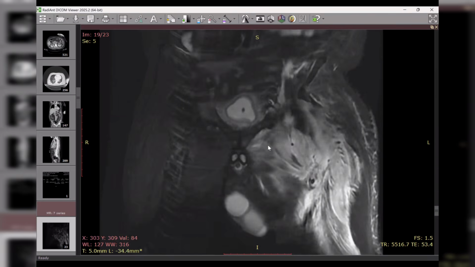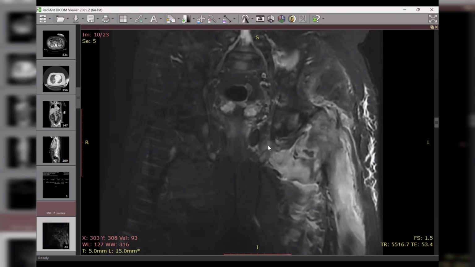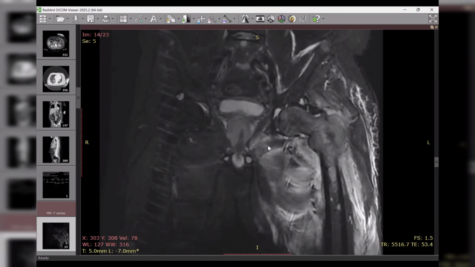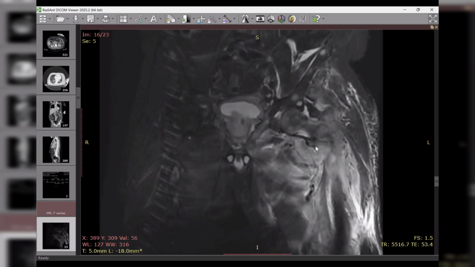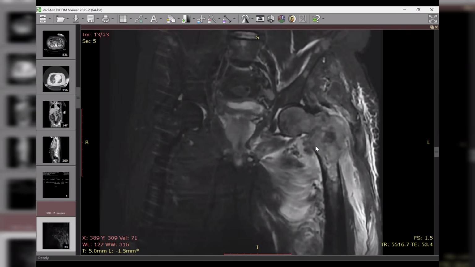There is replacement of the signal of the femoral bone marrow with edema, with hyper signal and edema surrounding the lesion.